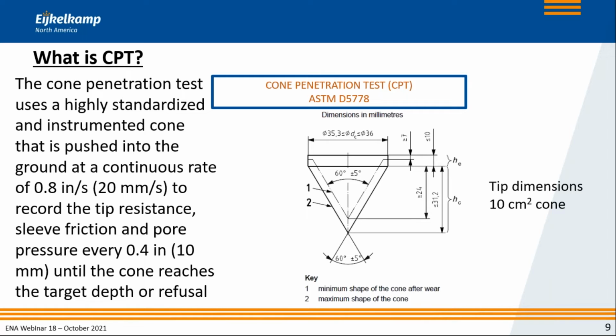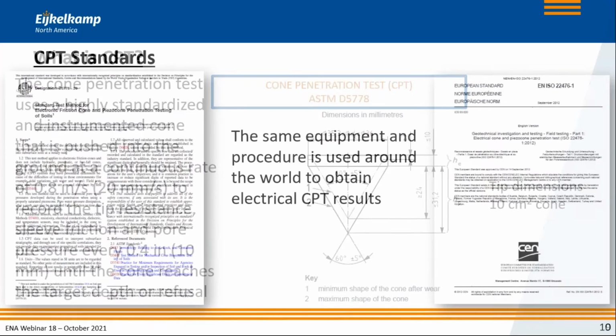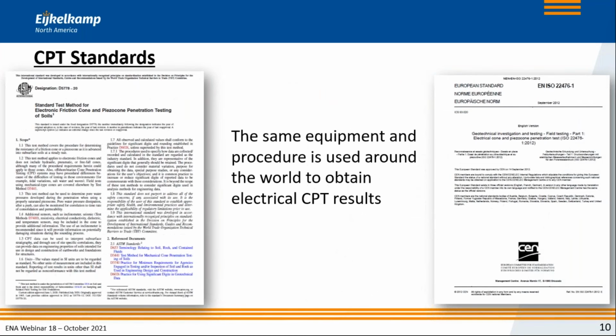As I said, this is from ASTM 5778, the standard for electrical CPT, but you find the same information in the ISO standards that you see here on the screen as well. Those two standards, even though they are different, basically describe the CPT process in more or less the same way, so you can use the same equipment and the same procedures around the world when you're dealing with electrical CPT. And here you see those two document numbers.